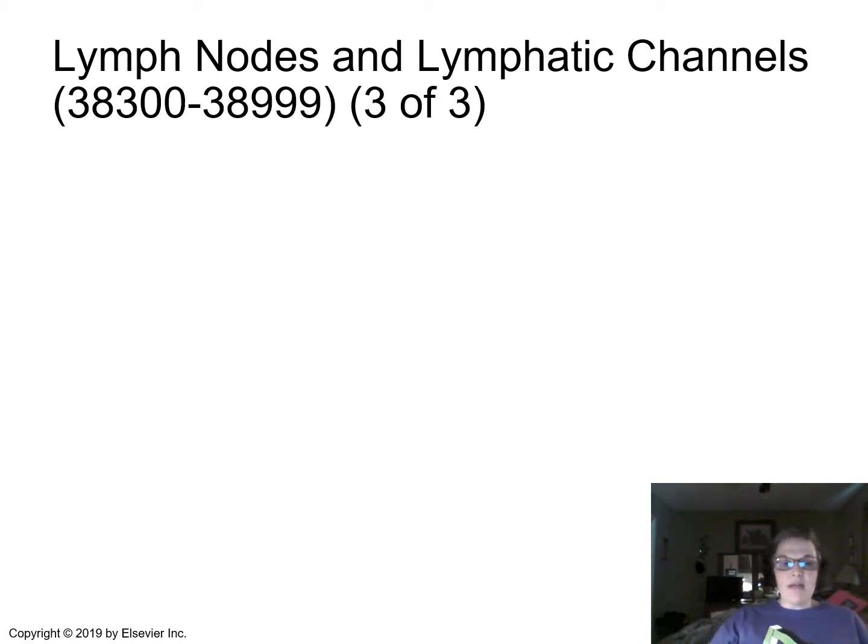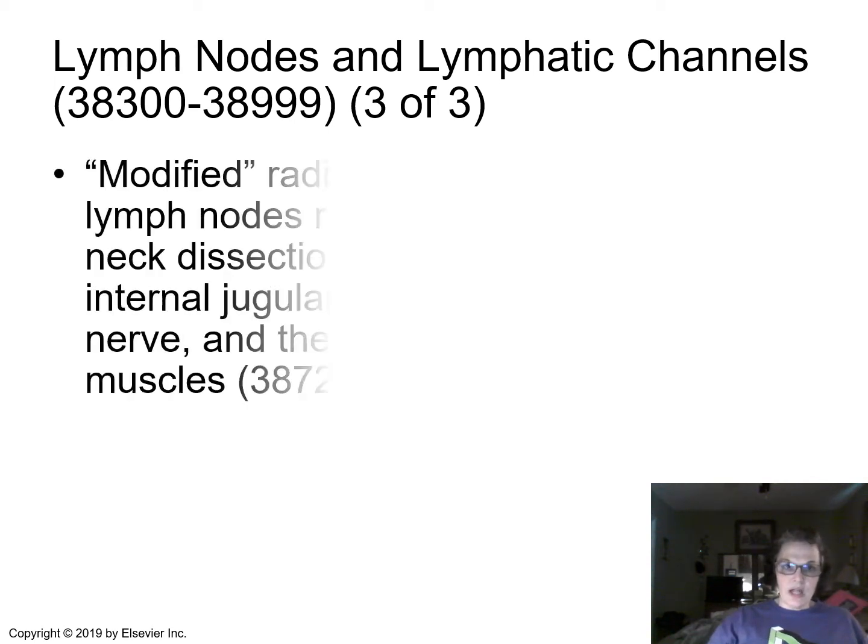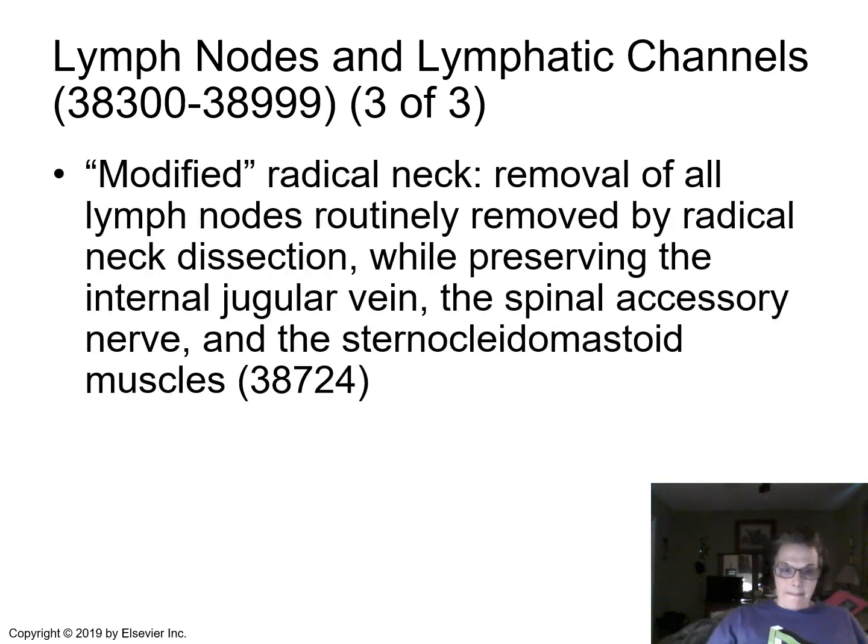Lymph nodes and lymphatic channels continue. This is our third slide. We're going to talk about a modified radical neck. It is the removal of all lymph nodes routinely removed by radical neck dissection while preserving the anterior jugular vein, the spinal accessory nerve, and the sternocleidomastoid muscle.